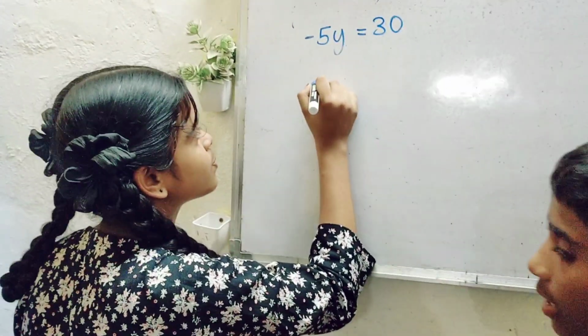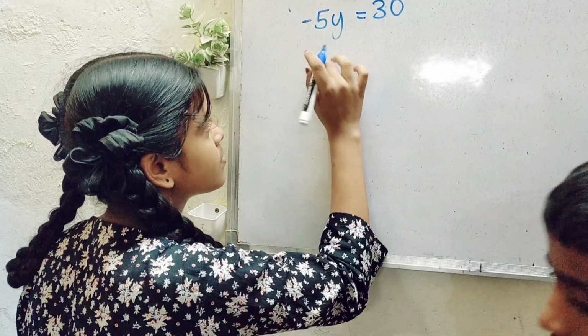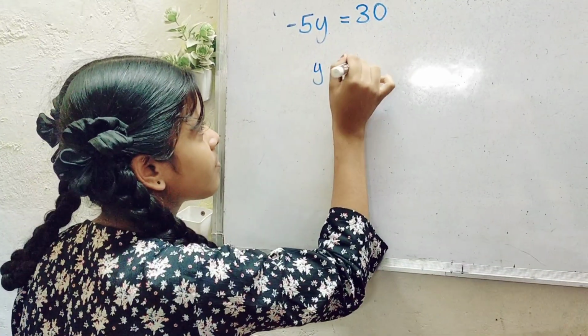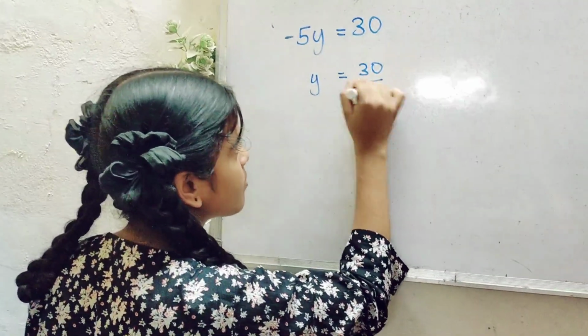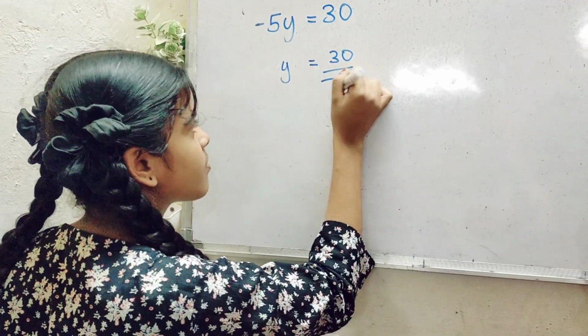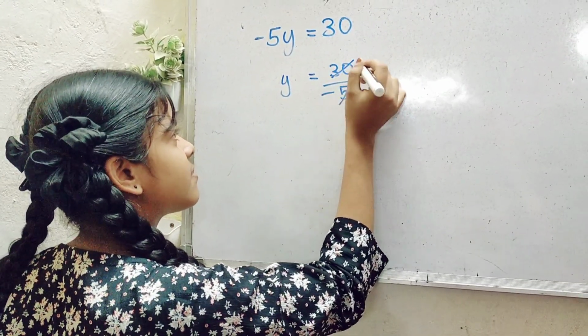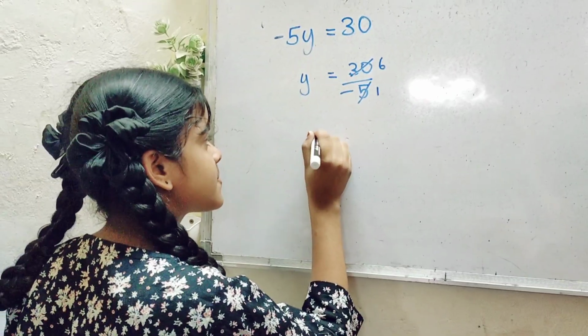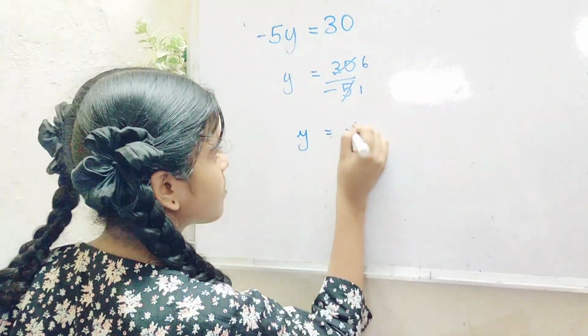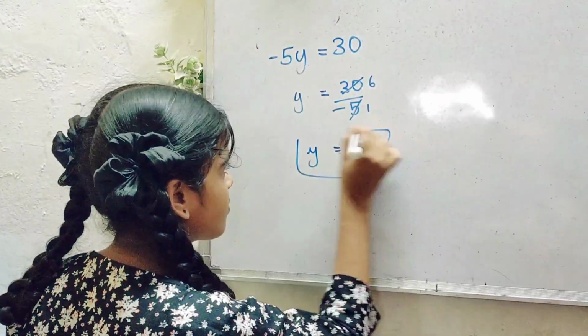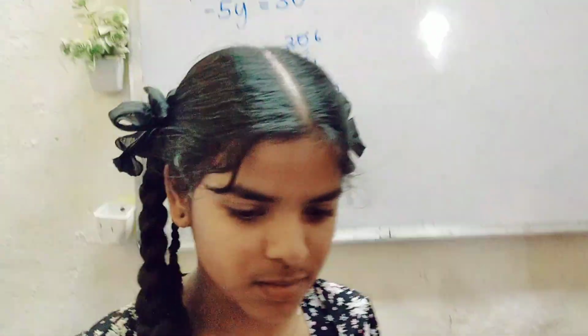So what will you do now? You have to transpose, right? Y is equal to 30 by minus 5. 5 ones are 5, 5 sixes are 30. Y is equal to minus 6. Very good, Bhagya. Keep it up. Please clap for Bhagya.